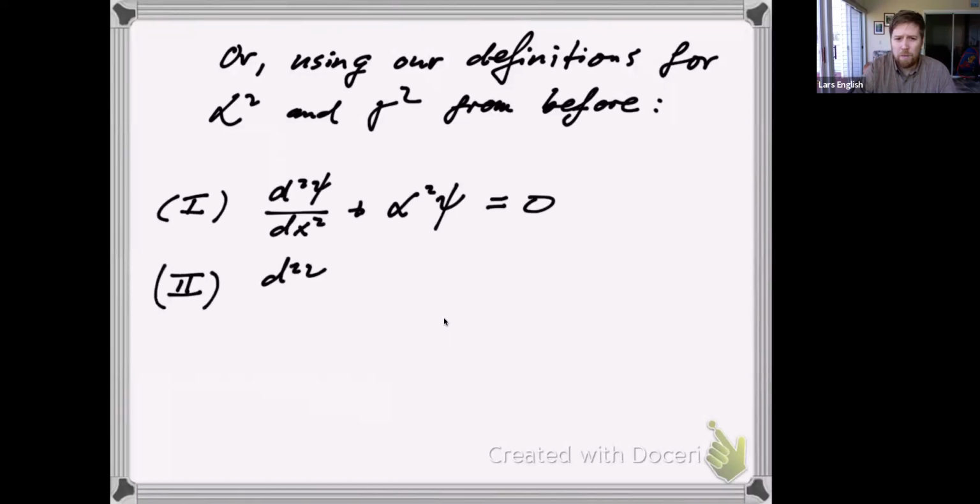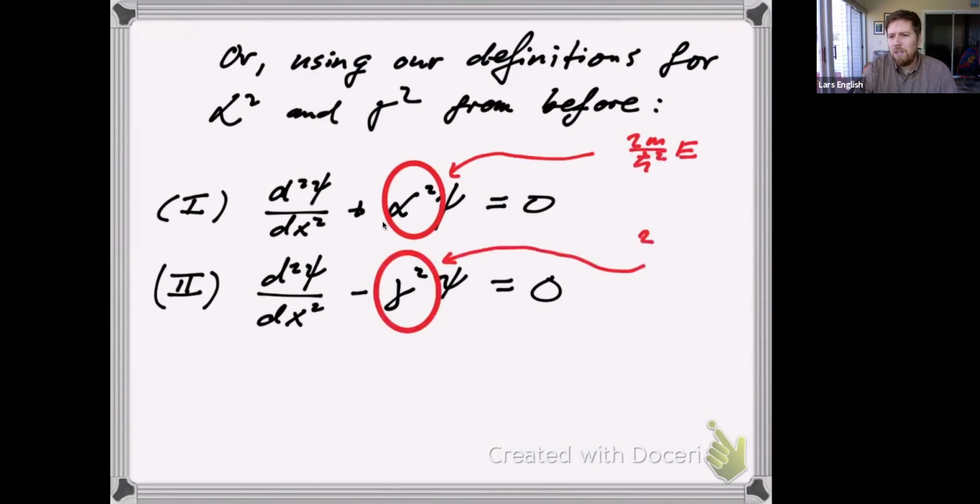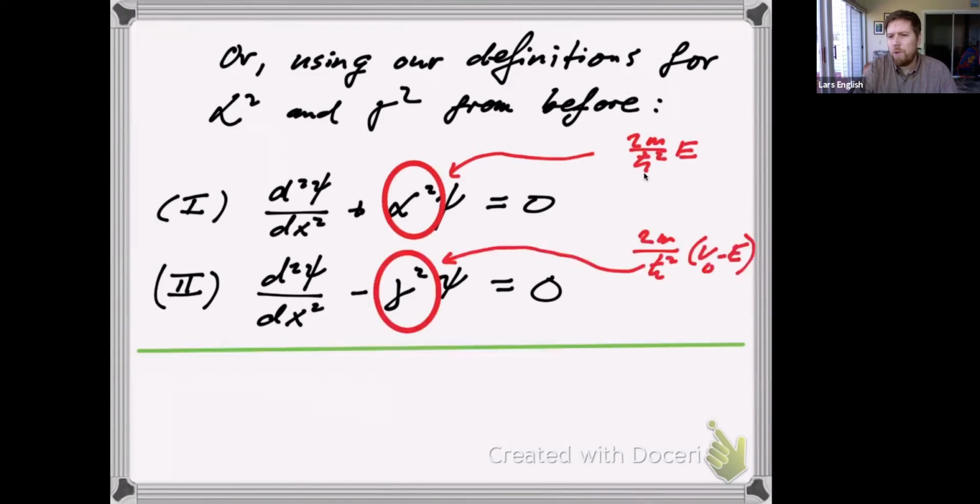We've already introduced them. Okay, and so then these two equations become much simpler looking. Just to remind you, alpha squared is 2m over h bar squared times E. And here we flipped it around. Gamma squared is V naught minus E times this prefactor. Okay, and we get an additional minus sign out front.